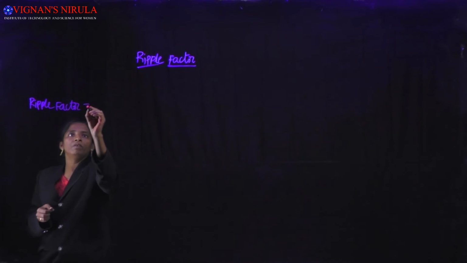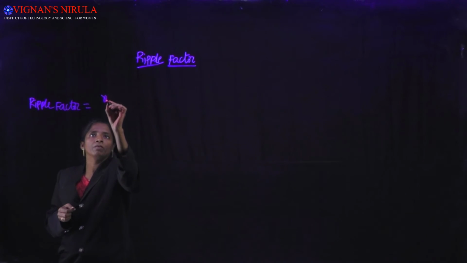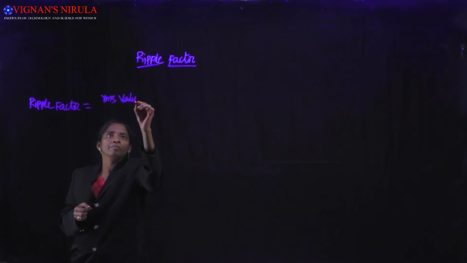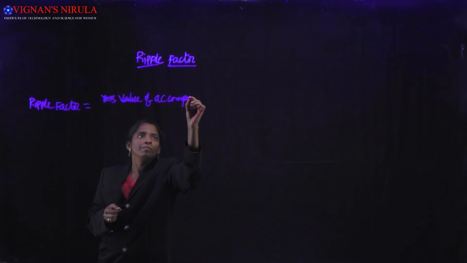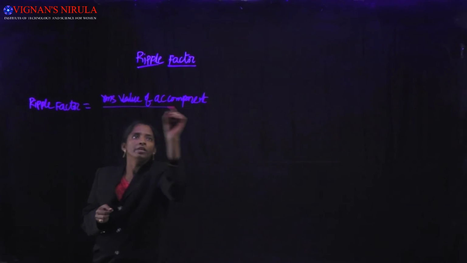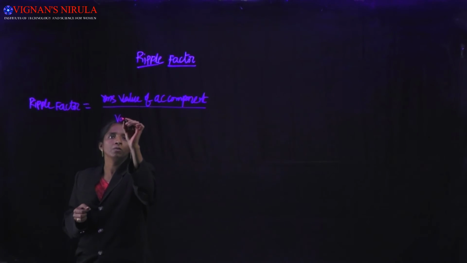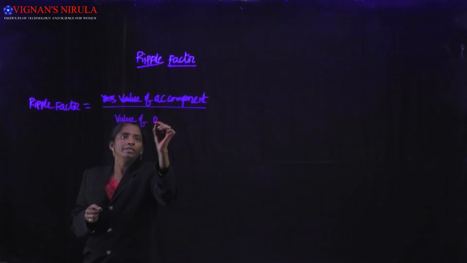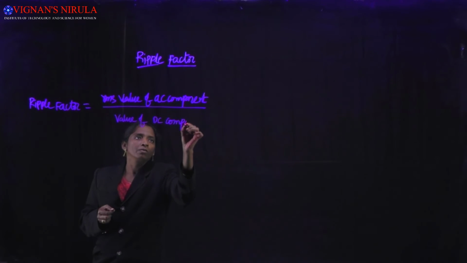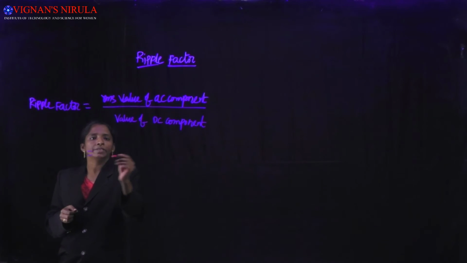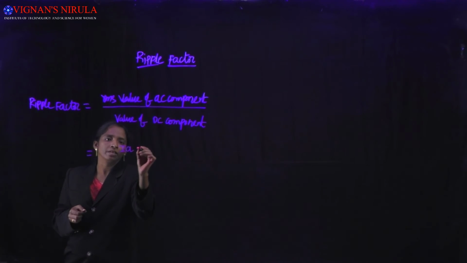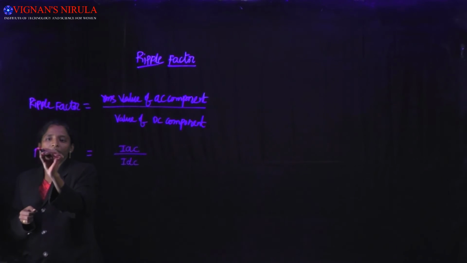The RMS value of the AC component is represented with IAC, and the value of the DC component is represented with IDC. So this is the ripple factor equation.